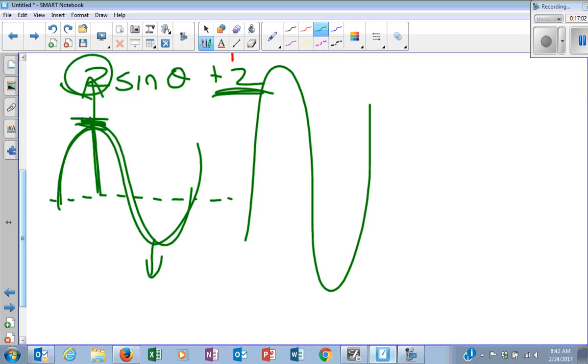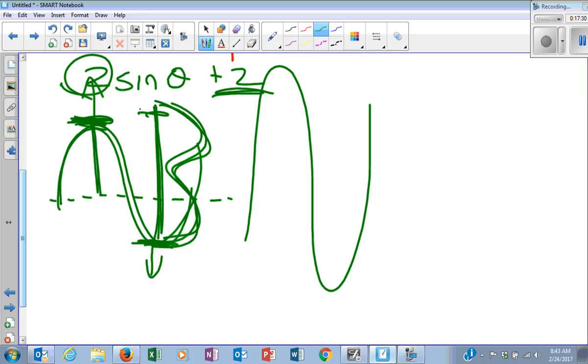I take my maximum value and my minimum, and I find the difference between them, because that's going to be my distance from the top to bottom. But then amplitude is only this part, so I divide by 2. Does that make sense?